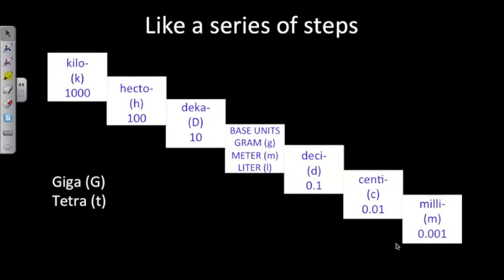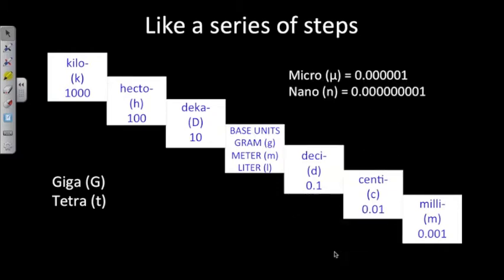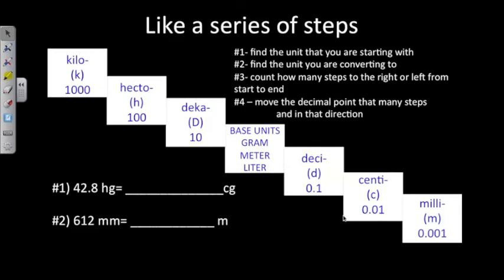We will go even smaller. We can talk about micros and nanos. Micro is the unit typically used to study bacteria. Notice its symbol is this Greek letter mu, and it's a multiple of 10 to the negative 6th. And then nano is 9. So we will see smaller ones.